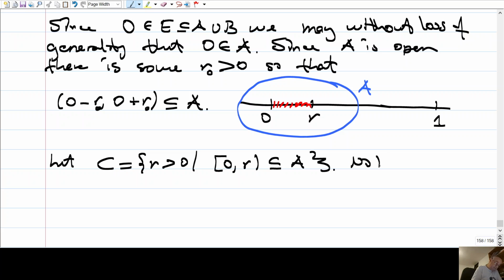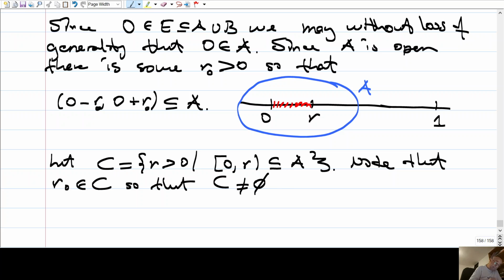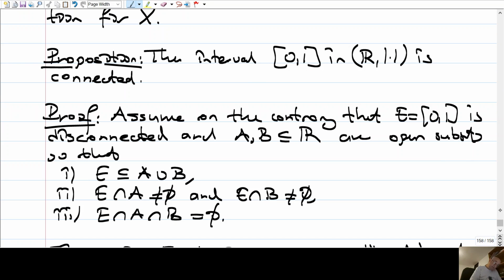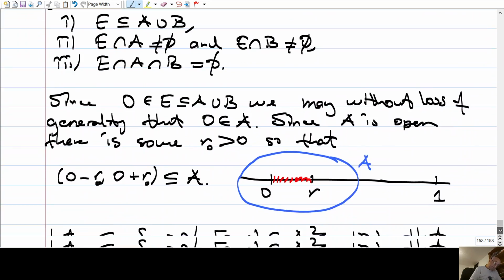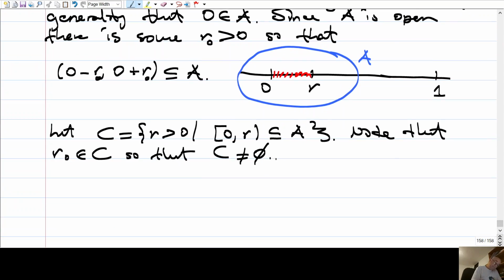Note that R0 is in C, so that C is not empty. And I also ask this R to be less than 1.